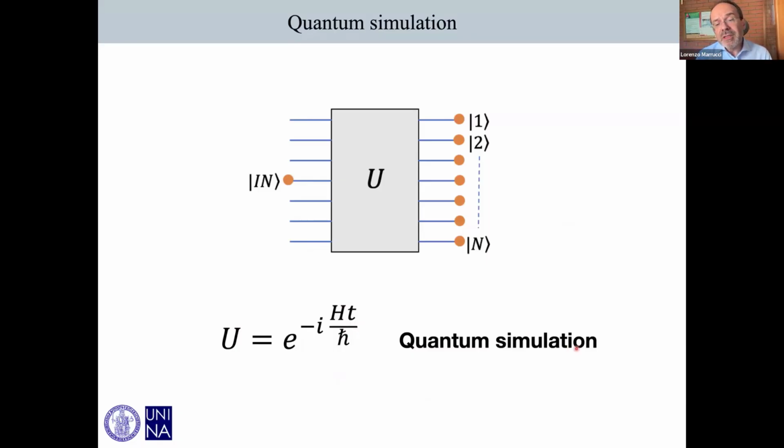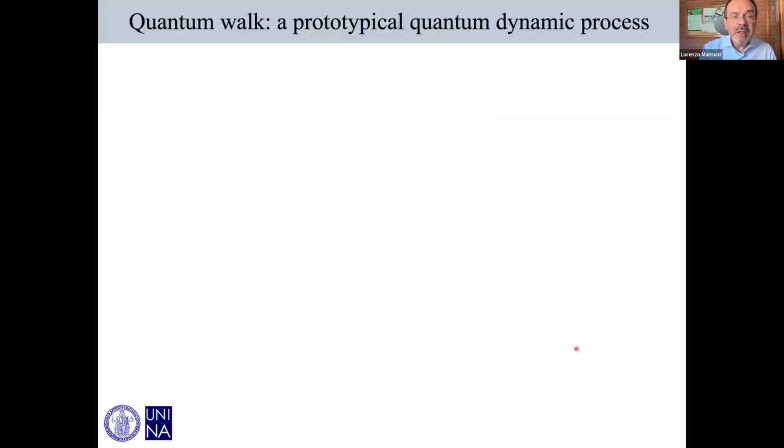And of course, we also have the interest of using this to do quantum simulations, to mimic these quantum systems and learn something about them. But more recently, we are using this essentially as a proxy for getting to the concept of quantum circuits.